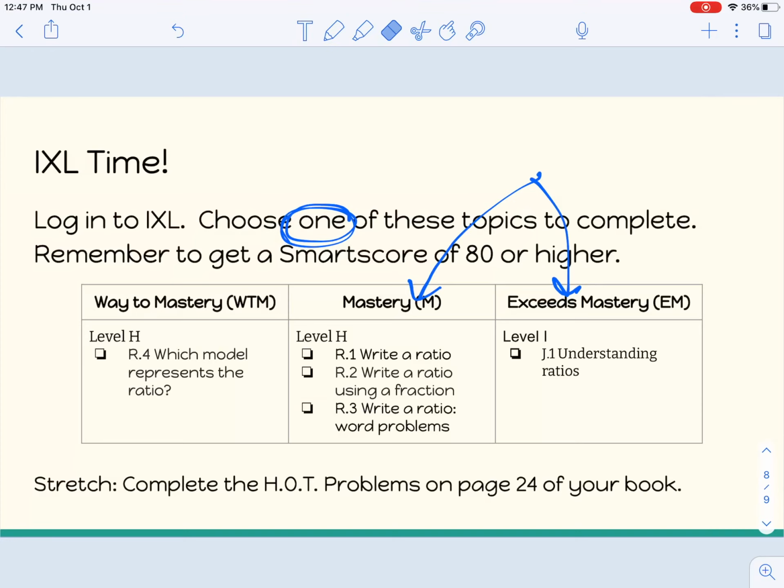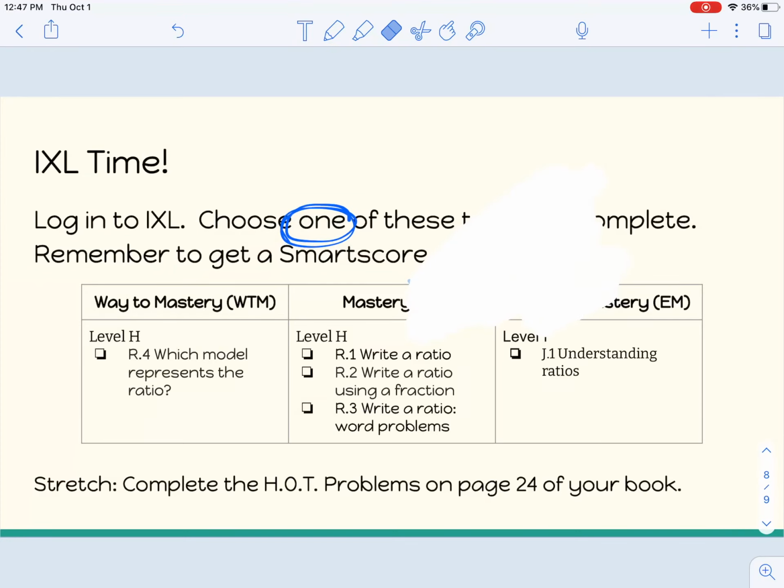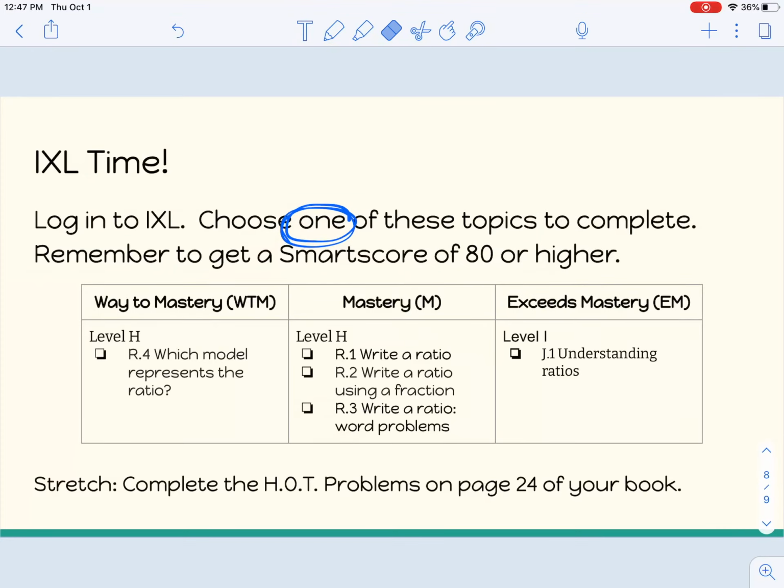If you're not really understanding this very well, if you think you need a little bit more basic problems, then you're going to go over here to the way to mastery. It means working toward mastery. You're getting close to mastery. And if you need a little bit more direction on this, this is like the score of a 2, a 3, or a 4 on our grading scale.